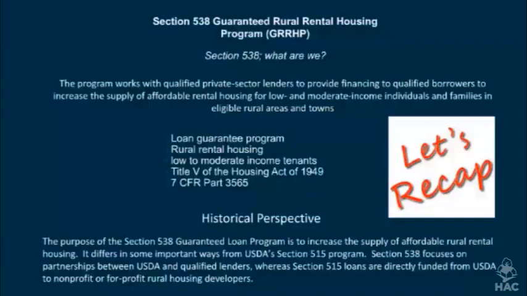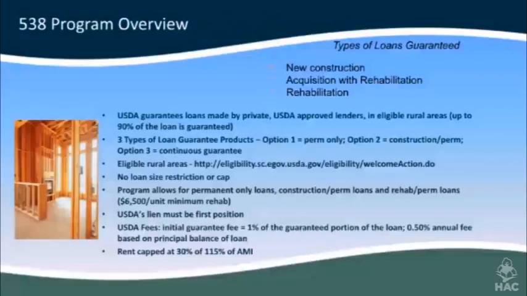We are a loan guarantee program. When the program was originally designed, it was anticipated that we would serve low to moderate income tenants, so we can go up to 115% of area median income. The average rent that is allowed at the properties is 30% of 100% of AMI.